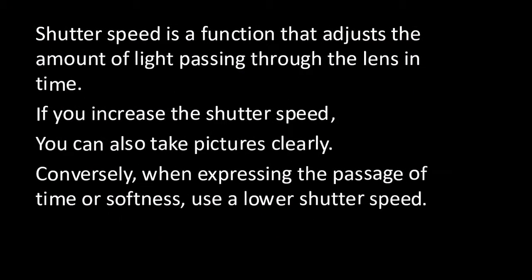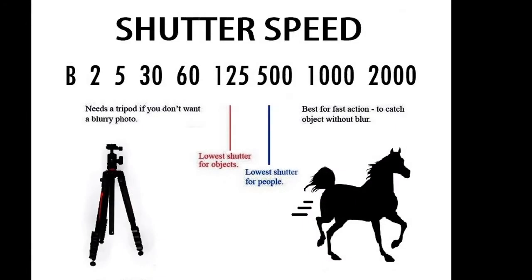Shutter speed is a function that adjusts the amount of light passing through the lens in time. If you increase the shutter speed, you can also take pictures clearly. Conversely, when expressing the passage of time or softness, use a lower shutter speed.